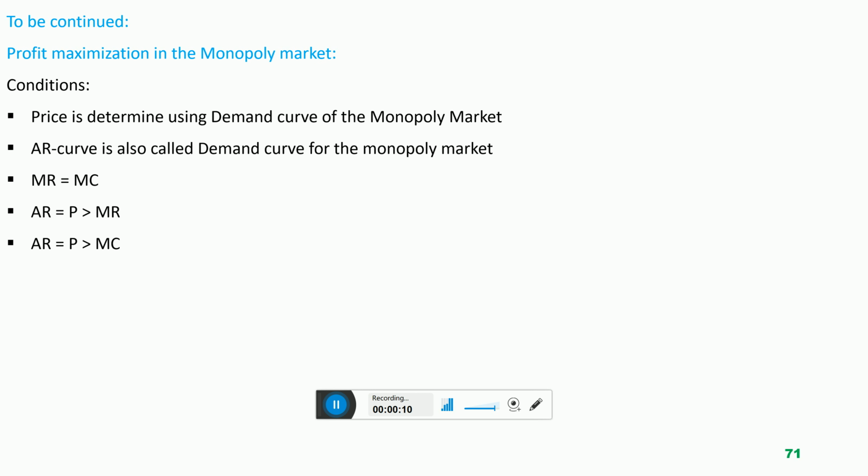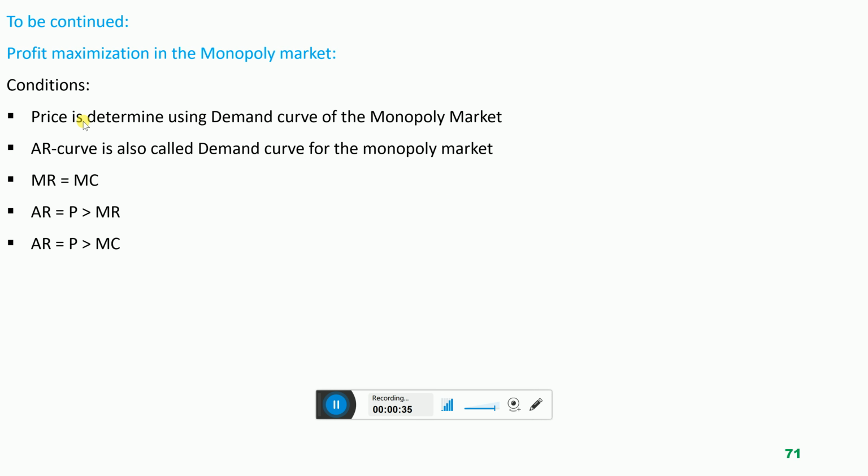Today we will discuss profit maximization in the monopoly market. We will learn profit maximization by graph, but before learning by graph, let me put a few conditions for profit maximization in the monopoly market.